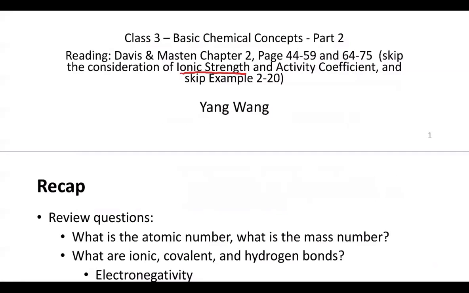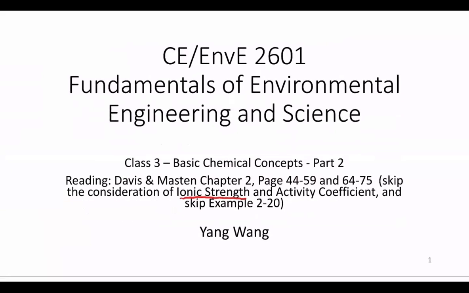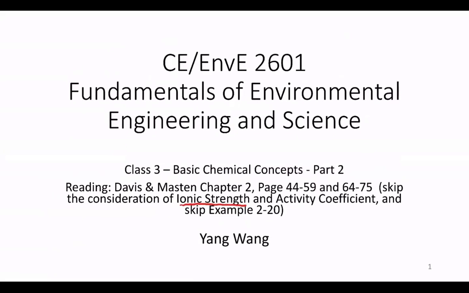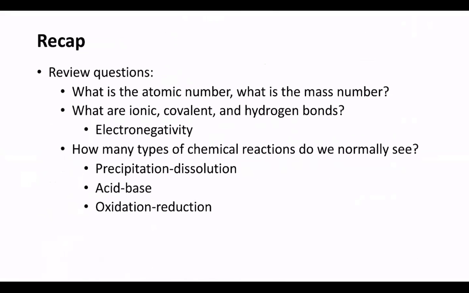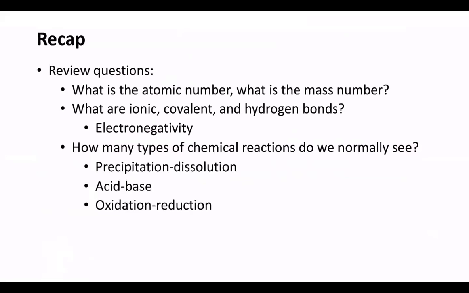All right, yeah. So you can skip a few pages regarding the ionic strength because that's basically over the scope of this class. All right. So if we do a quick recap of our last class, we mainly reviewed some basic properties of the elements or of molecules. So for example, we talked about what is the atomic number, what is the mass number, or what is the atomic weight, right?